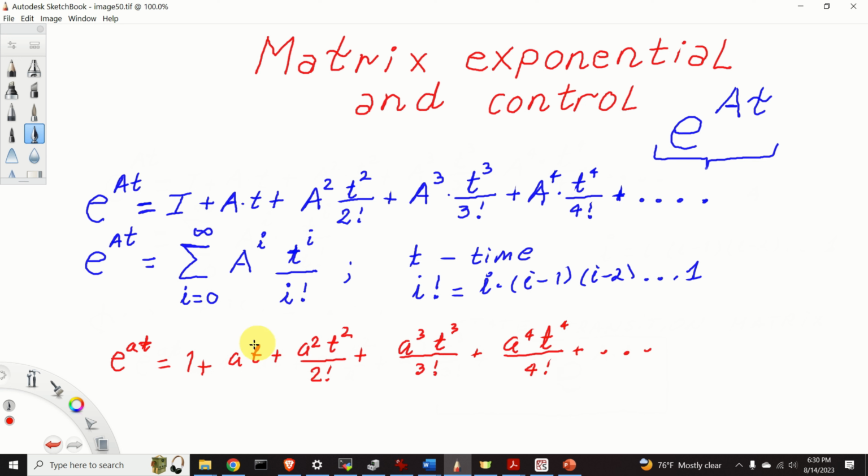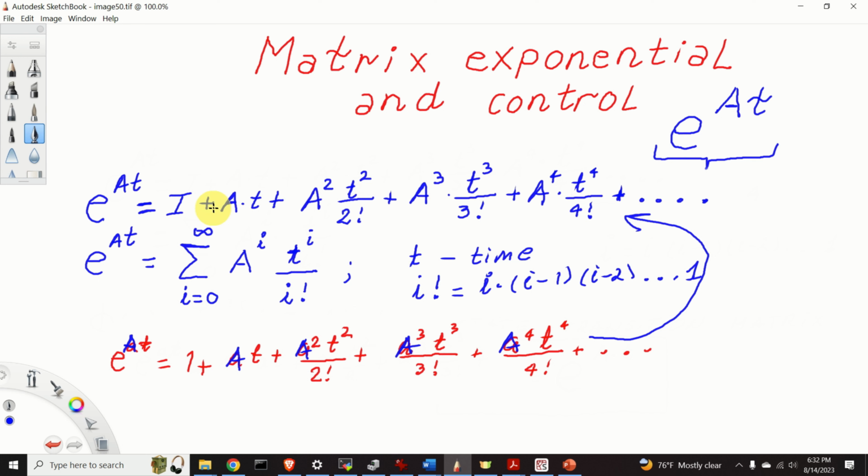And you can see the analogy. If we take the classical Taylor series expansion of our exponential function, and if we substitute scalar a by a matrix, capital A, we will exactly obtain this expression over here. However, we still didn't answer the main question.